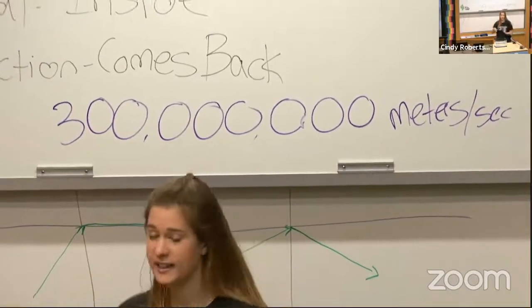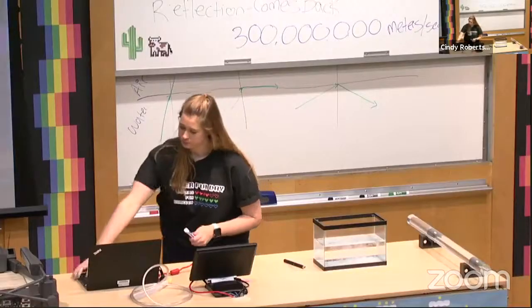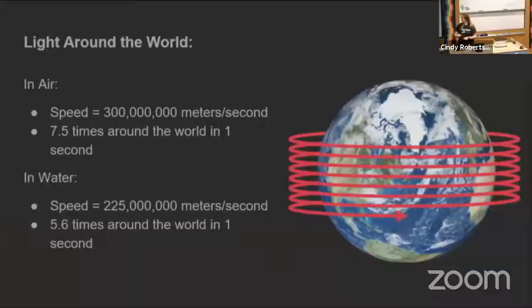And I can't comprehend what that number is, so we did a little bit more math. So up here we can see that the speed of light in air is about 300 million meters per second. And what that means is that light could literally travel around the Earth 7.5 times in 1 second.